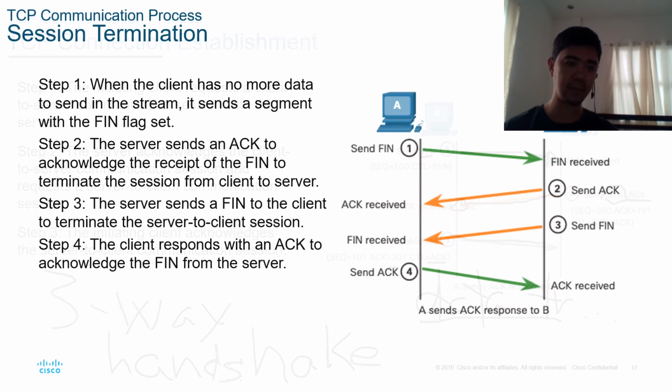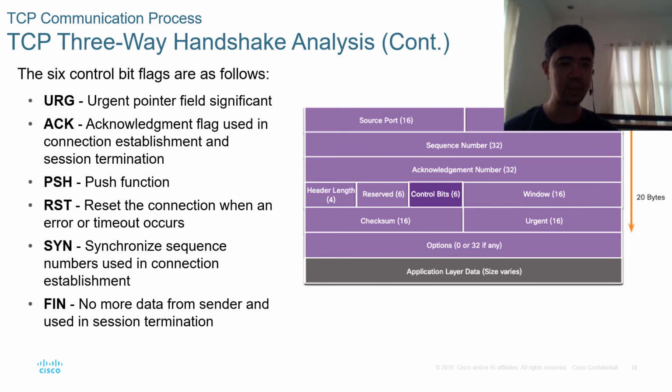And also, after data transfer, the connection is terminated, similar to the three-way handshake. It sends FIN and then acknowledges again. So again, we call it the three-way handshake. These are the specific flags, added information, to take note of under the three-way handshake.